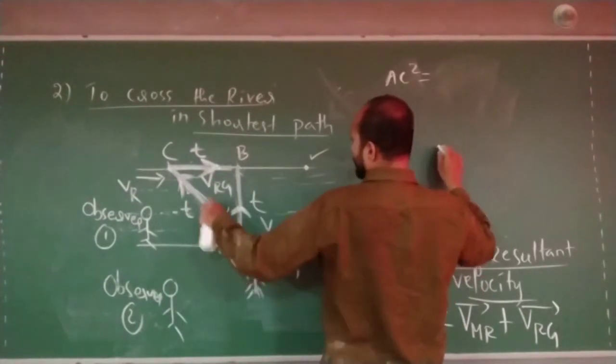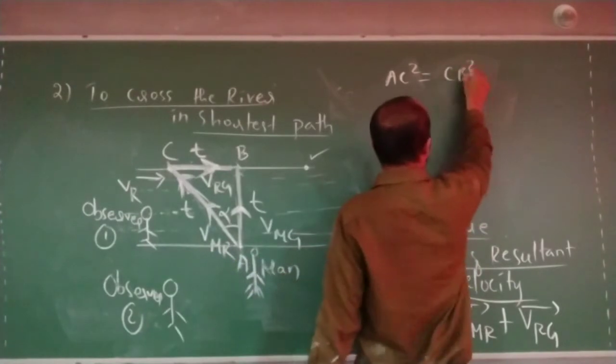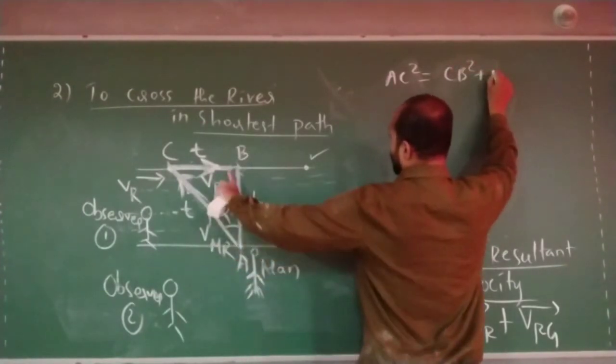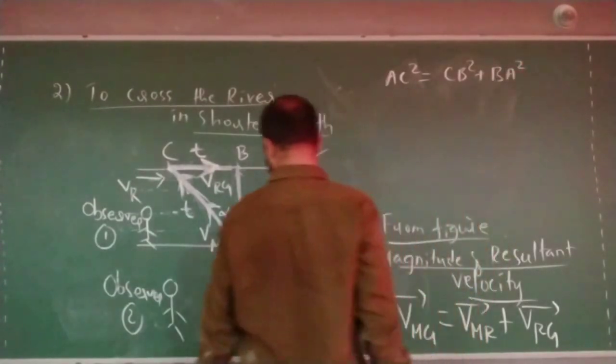AC square is equal to CB square plus BA square.